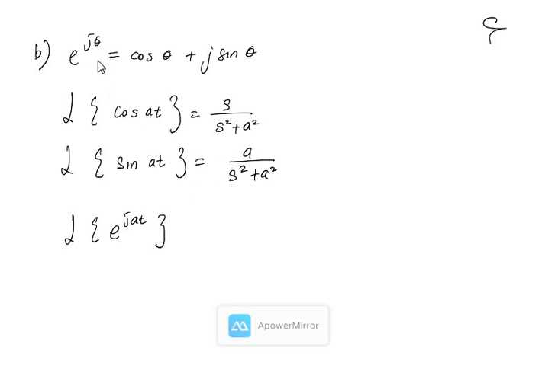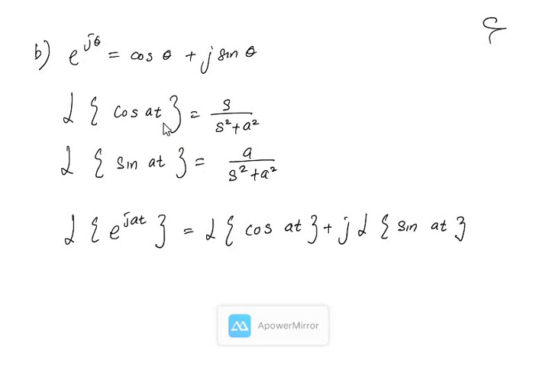So exponent j theta equals cos theta plus j sin theta. Now the cos is at, it's not theta, it's at. So we use the Laplace transform of exponent jat equal to the Laplace transform of cos at plus j Laplace transform of sin at.